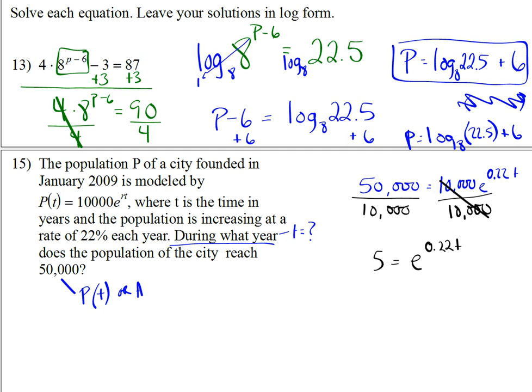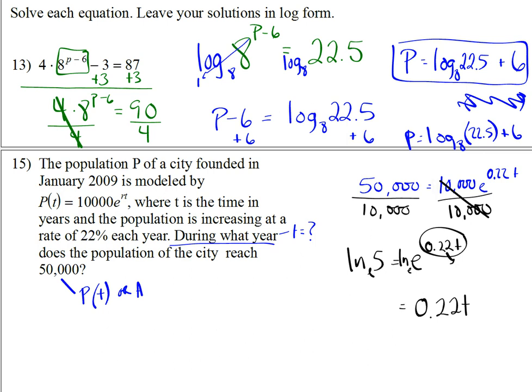And how do we get that out of the exponent? We use the natural log for this one, okay, because we need a base of e, and that's what a natural log does. So that means that 0.22t is going to come out of the exponent, and then we have times natural log of e, and the natural log of e is just 1.